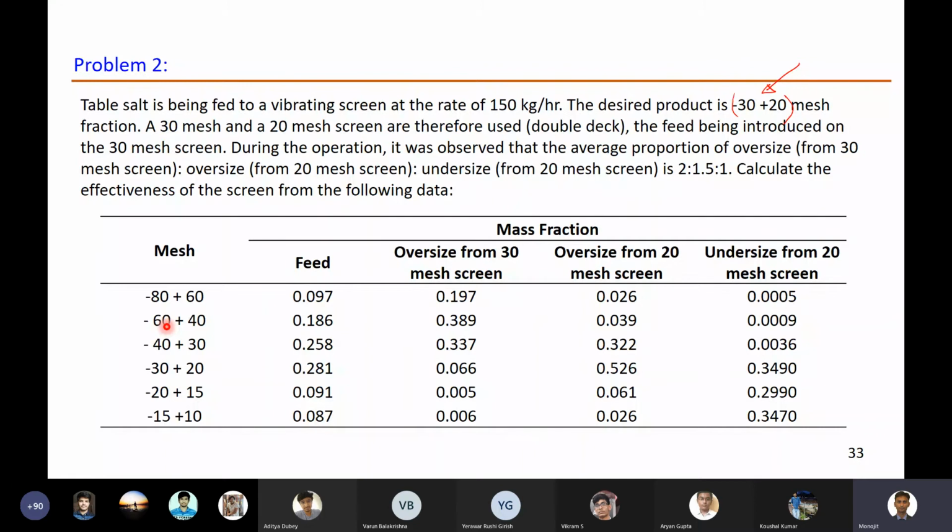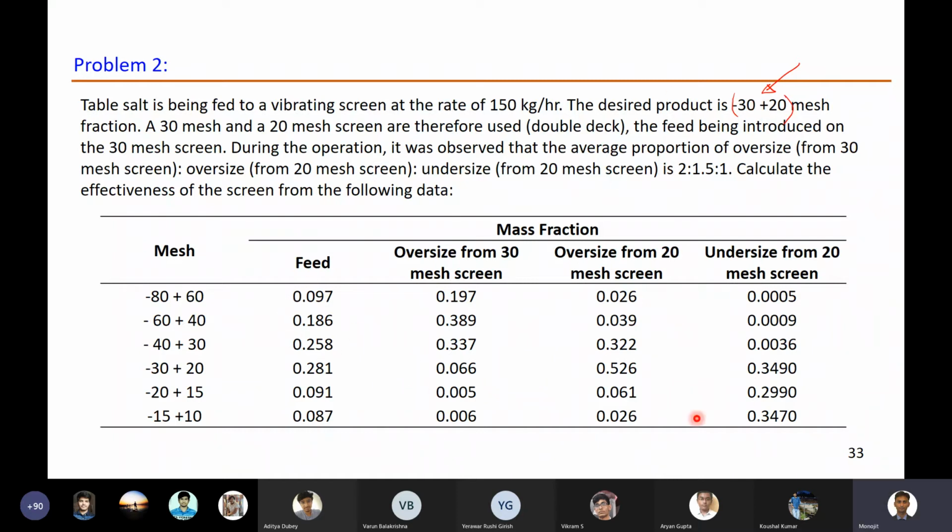Remember, the effectiveness of the screen is always based on your desired product. Here your desired product is the minus 30 plus 20 mesh fraction. So how effective is the entire screening process at separating this fraction of particles? Based on that, the efficiency of the assembly will be determined.